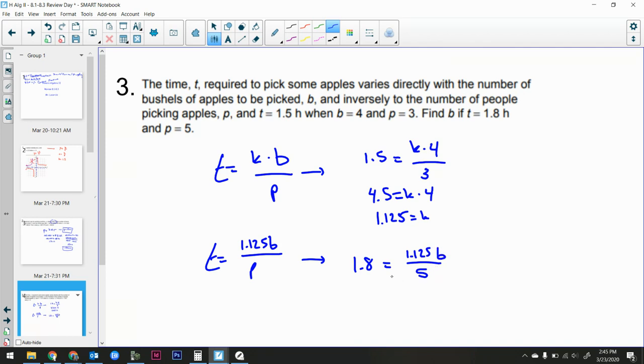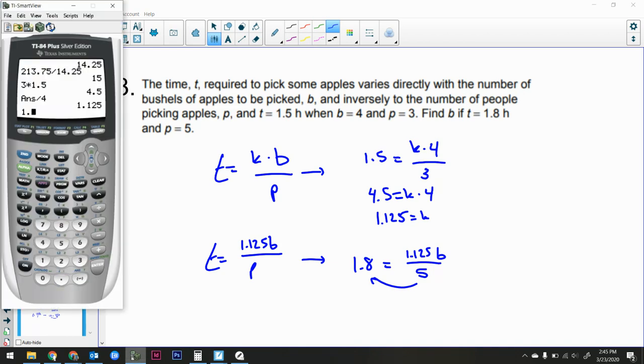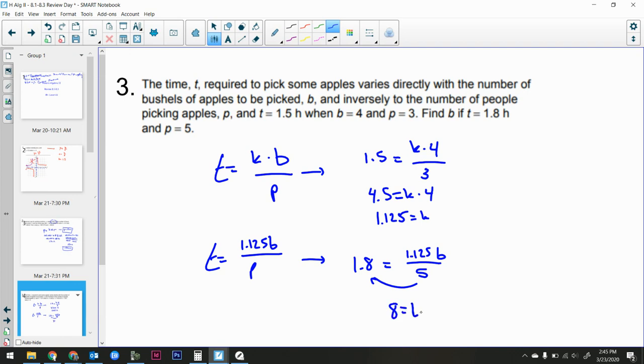All right, so I multiply by 5 over to the other side. 1.8 times 5. And then I divide by that 1.125. That gives me 8 for B. So 8 bushels. Yeah, 8 bushels.